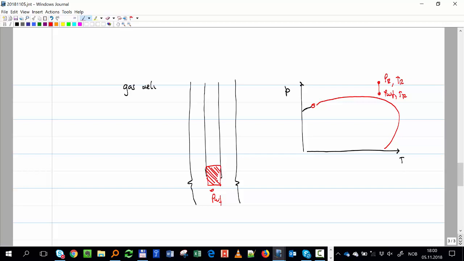What happens exactly when I cross the dew point line here? I start to get the first droplets of liquid condensing out of the gas. So I have some very fine droplets, but I still have a main core of gas.